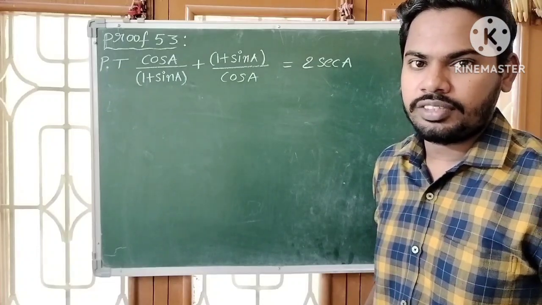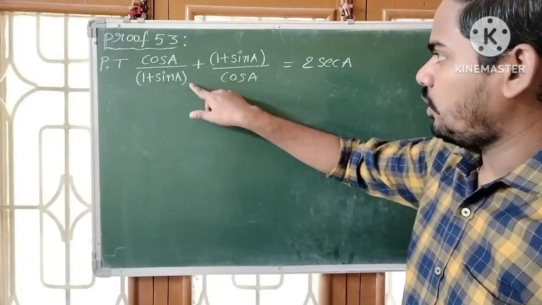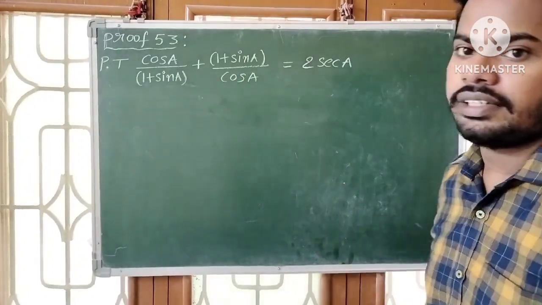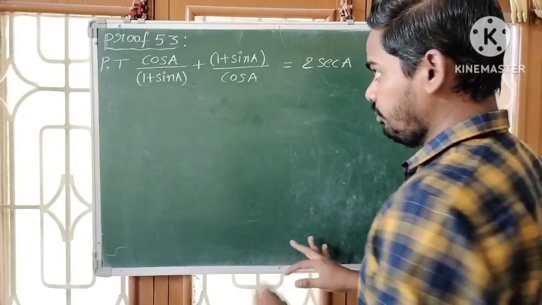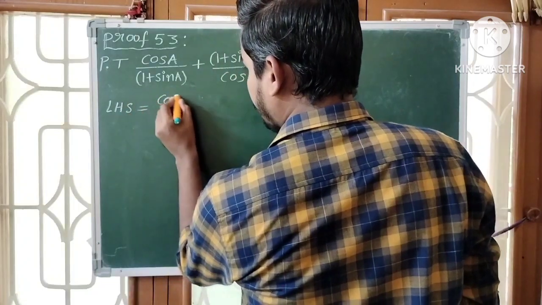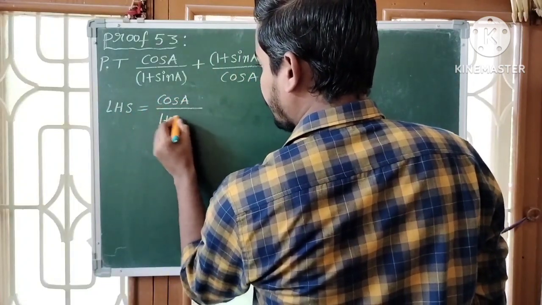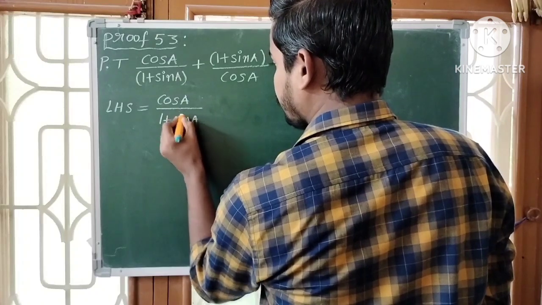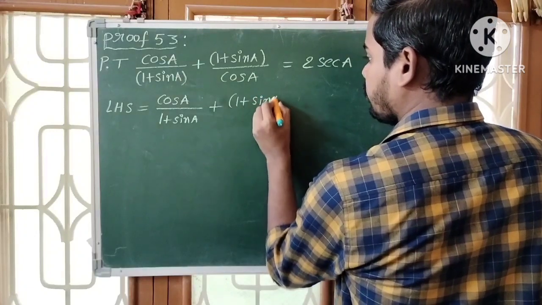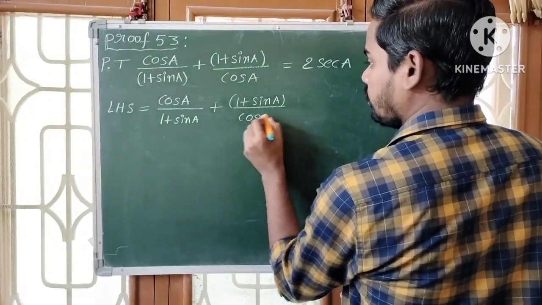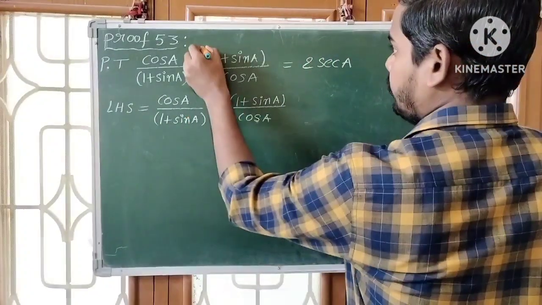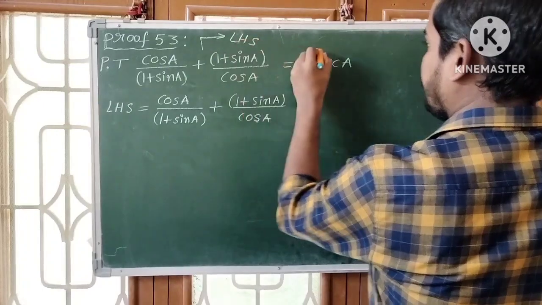Next, proof number 53. Prove that cos A by 1 plus sin A plus 1 plus sin A by cos A is equal to 2 secant A. First of all, let us consider the left hand side expression: cos A by 1 plus sin A plus 1 plus sin A by cos A. So this is LHS and this is RHS.